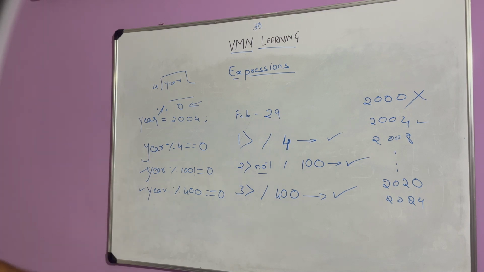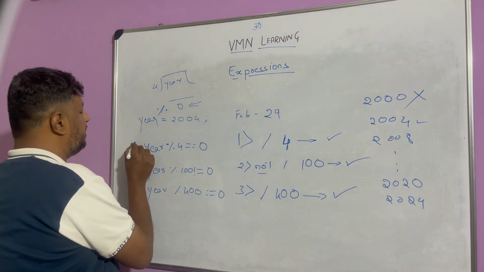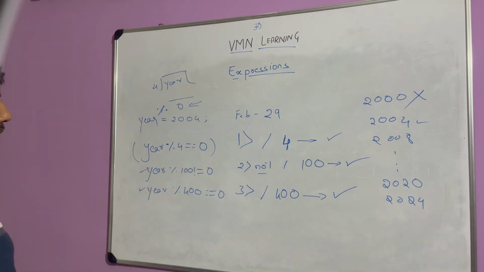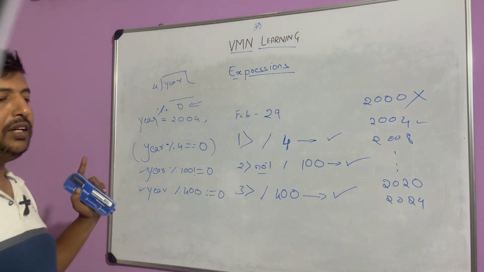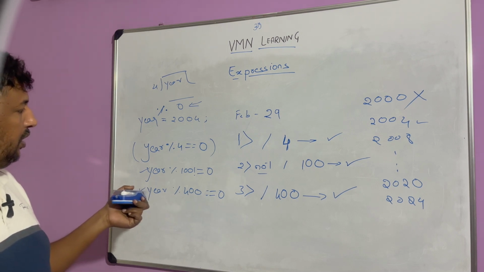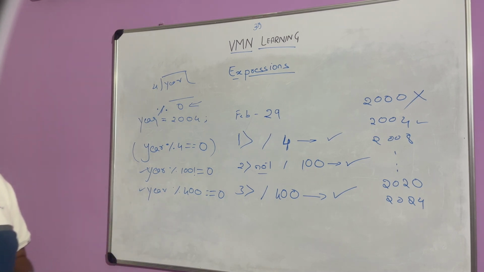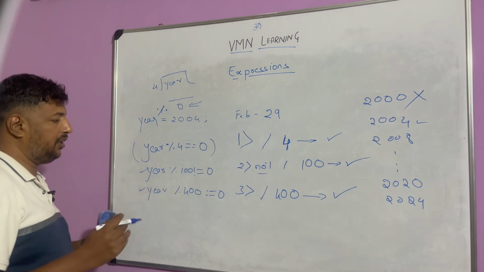So let's combine all three. This is the basic condition, and it should be validated every time. Now, if a year is divisible by 4 and is not divisible by 100, let's consider it as 3.